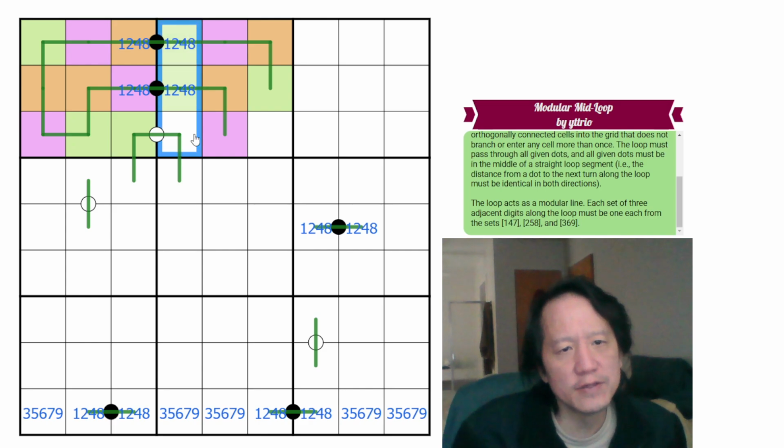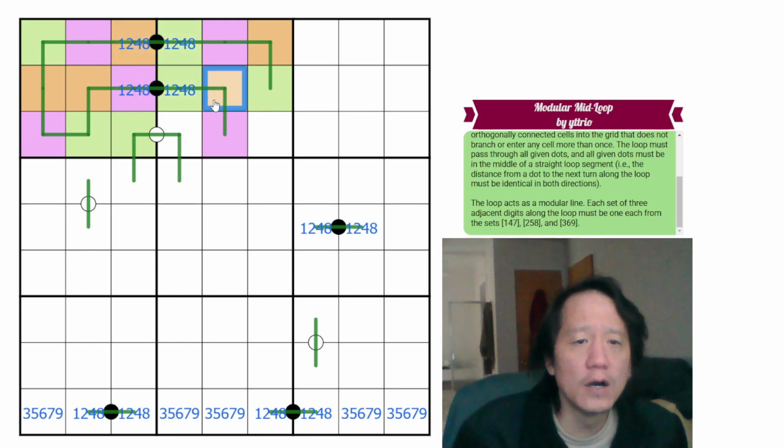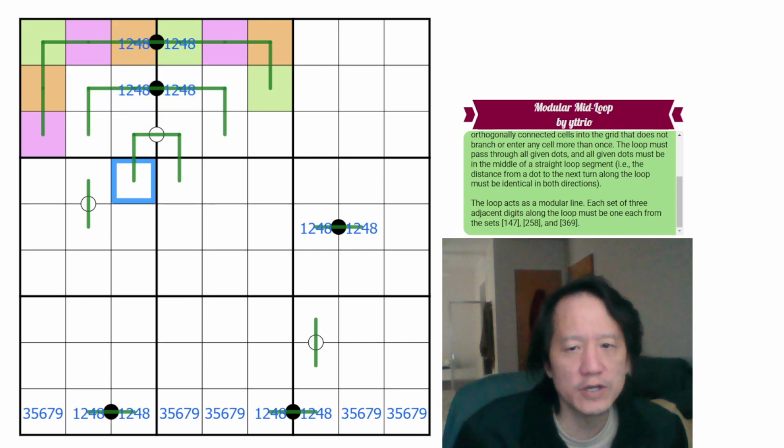What would that make this then? This would have to be 1 and 4 specifically, and then this would be... Oh, this doesn't work. Right, okay, so we tried connecting this, right? That would force this to be, again, green.